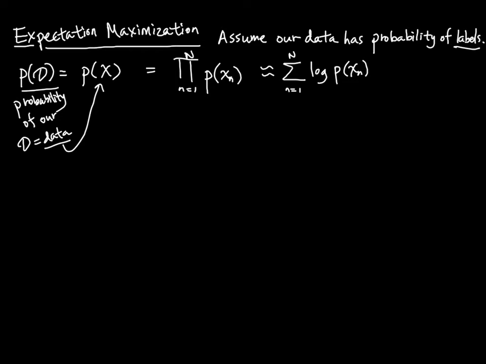Because if everything has probability of 1 happening, then 1 times 1 times 1 times 1 times 1 will give us 1, and that will be the maximum probability we can ever achieve. And so that's what we have here, which is trying to maximize all n points, right?